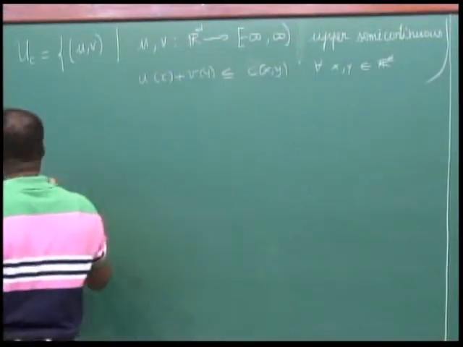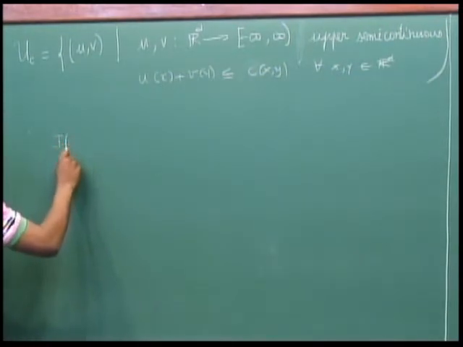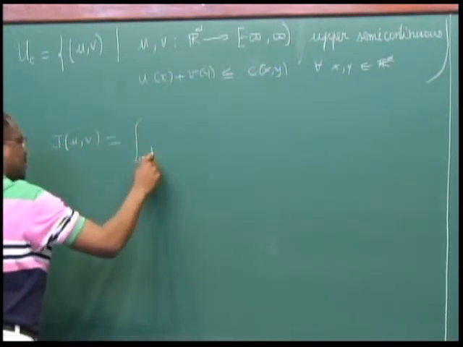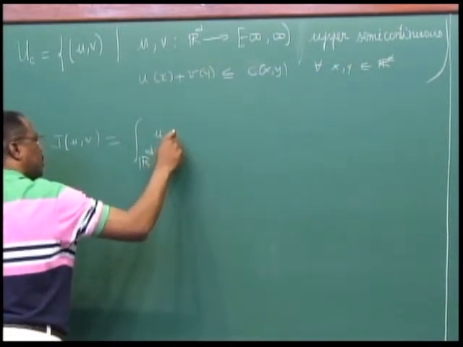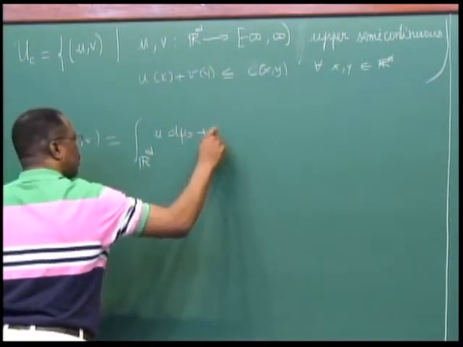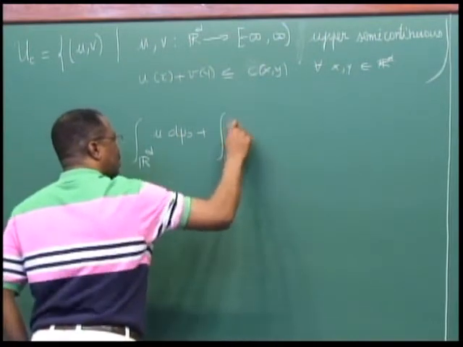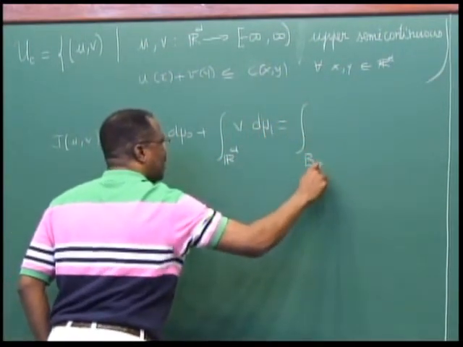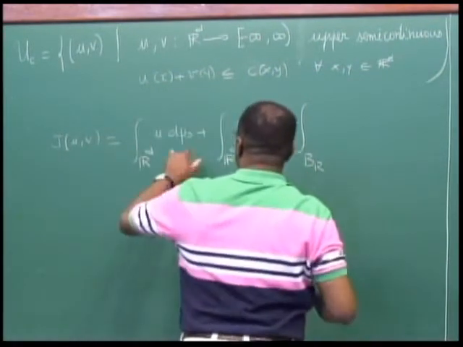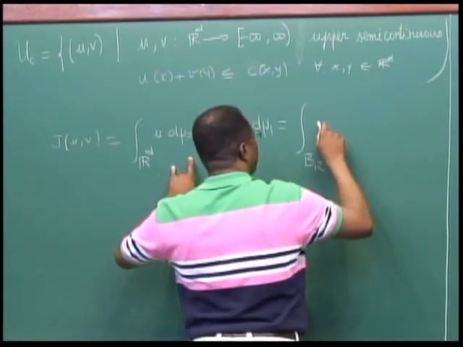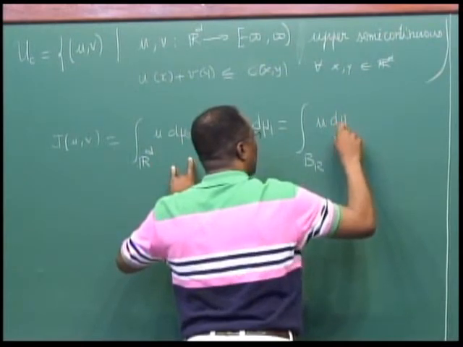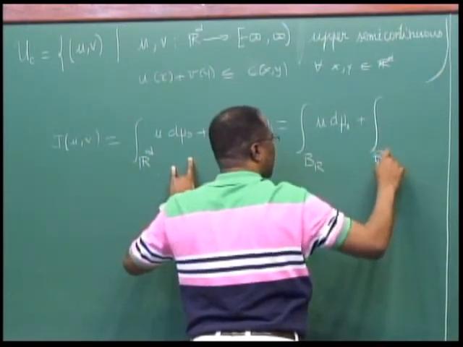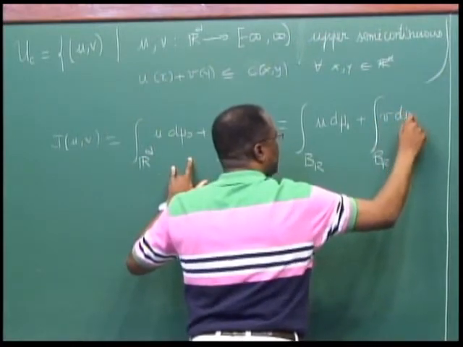So I am going to define J of u, v as the integral over R^D of u d mu naught plus the integral over R^D of v d mu 1. So observe that since mu is 0 outside the ball, this is the integral on the ball of u d mu naught plus the integral on the ball of v d mu 1.